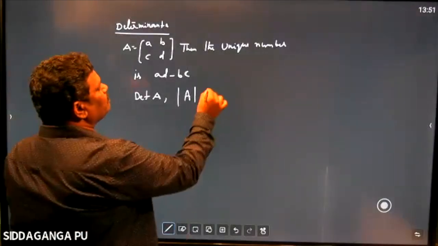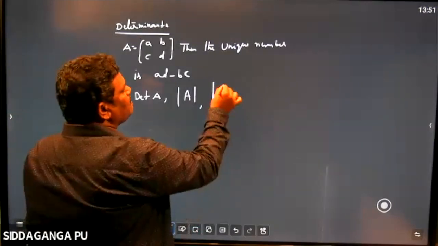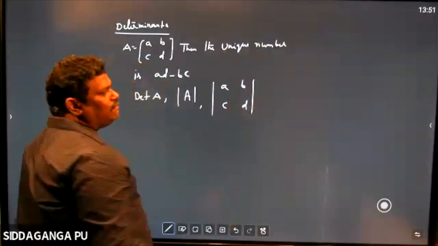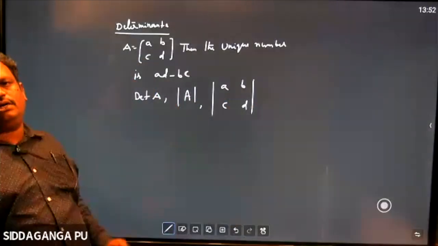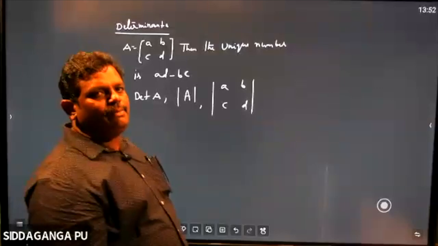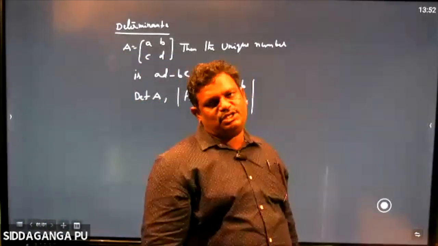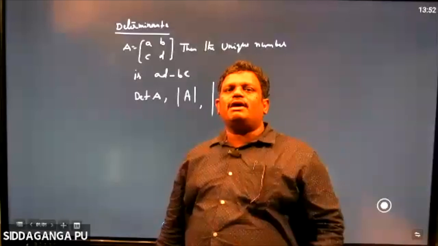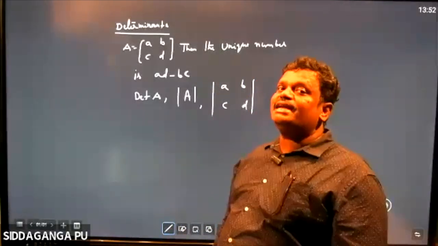Then another way: the matrix elements can be represented inside vertical lines. This is also called the determinant of a matrix. So the determinant of the matrix capital A equal to [a b; c d] is the unique number AD minus BC.